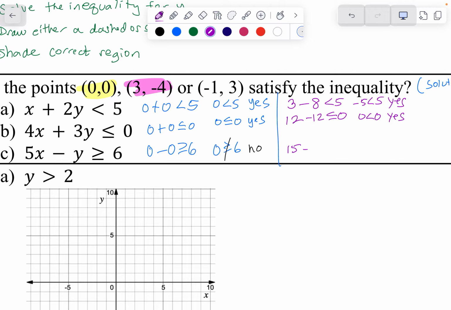Now, when we subtract a negative 4, that becomes plus 4. So be careful of that. Is that greater than or equal to 6? Well, yeah, 19 is greater than 6, so it's also yes. So that point works in all 3 of the inequalities, so it would be a solution.